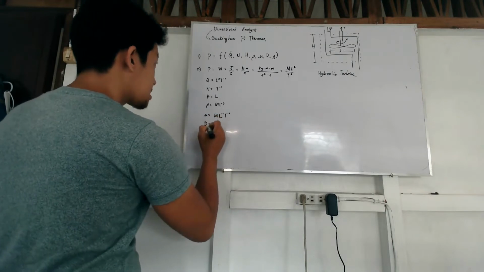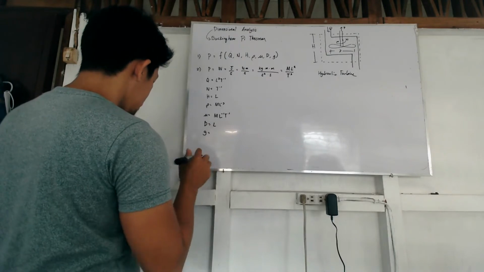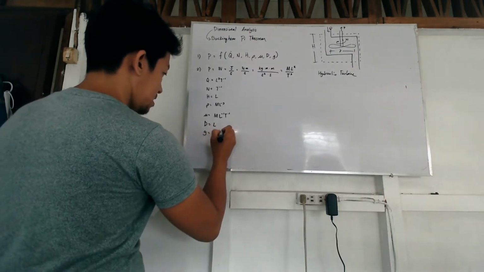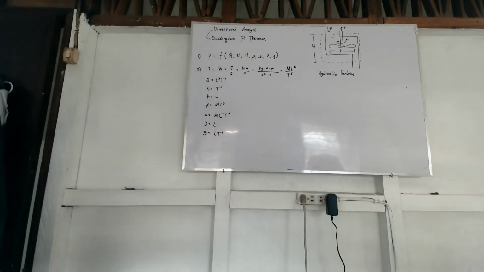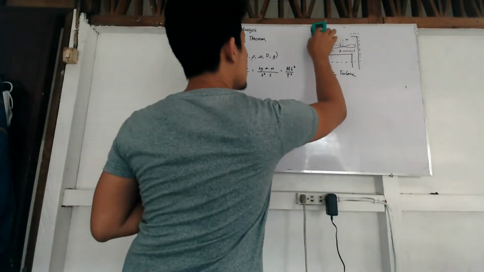Diameter is length. Acceleration is LT negative 2. Okay? So that is the second step.